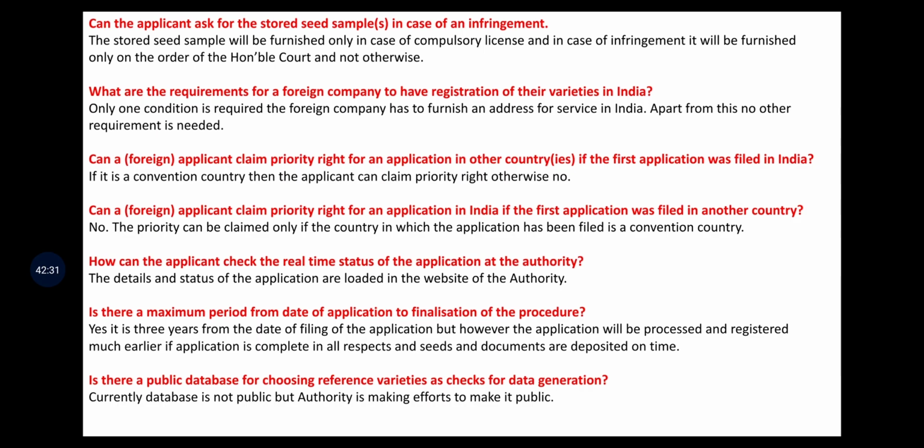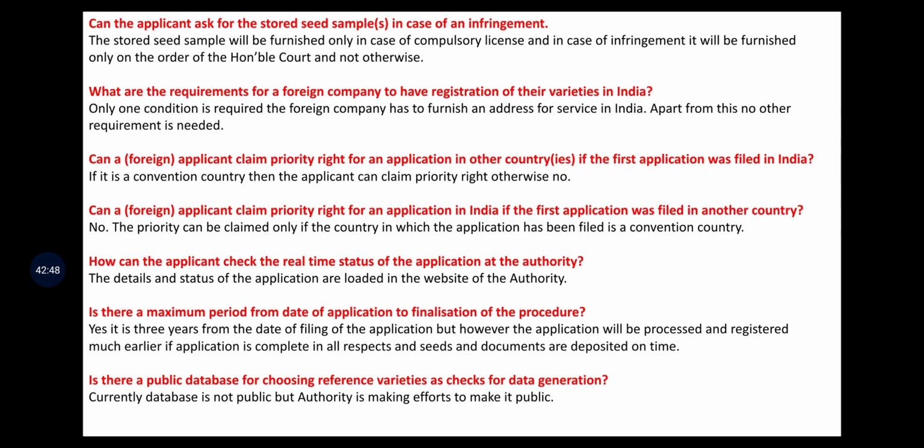How can the applicant check the real-time status of the application? He can get the details by using his accession number on the authority website. Is there a maximum period from date of application to finalization of the procedure?